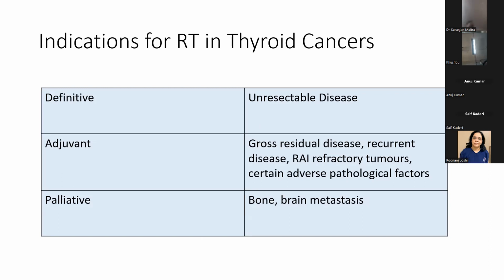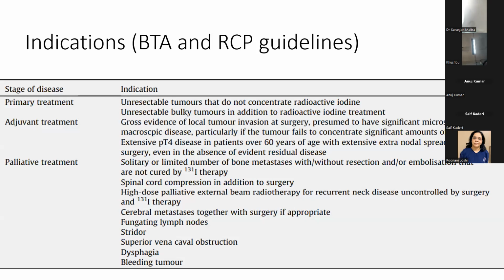In the adjuvant setting, we have various adverse prognostic factors that include gross residual disease after surgery, recurrent cancers, radioactive iodine refractory tumors, and certain other adverse pathological factors that we will discuss, like I told, regarding the various aggressive histologies, etc. And in the palliative setting, we use RT for lesions in the bone or brain metastasis, etc. These indications have been taken from the British Thyroid Association and the Royal College of Physicians guidelines.